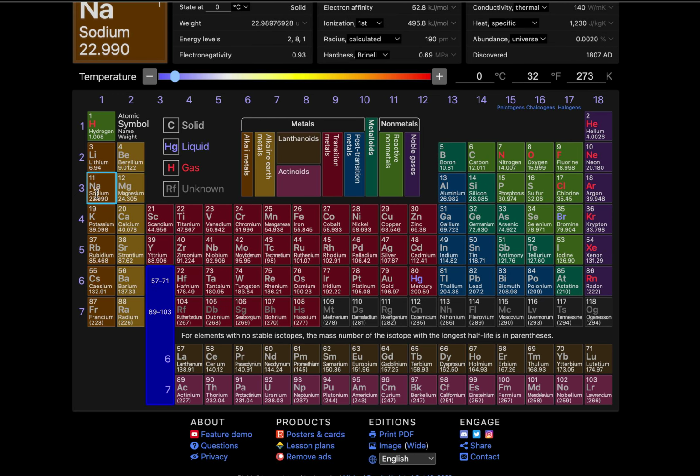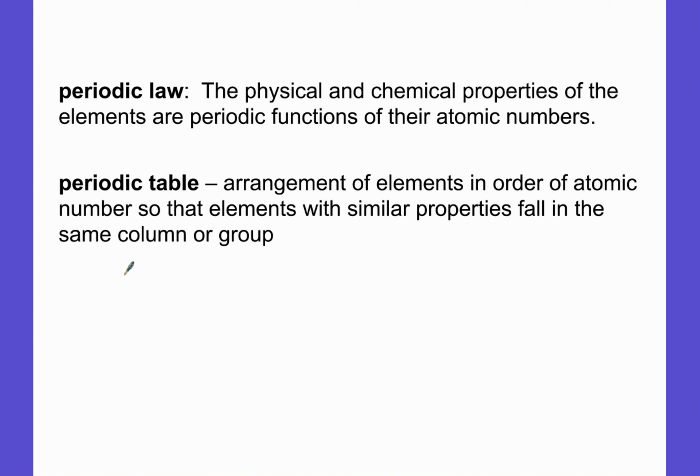Group 1 elements like lithium, sodium, potassium, rubidium, cesium, they're all super reactive metals. You can't even find them free in nature because they react so easily with water. So anytime you're looking at the periodic table, anything that's in the same column, those are all going to have very similar properties.